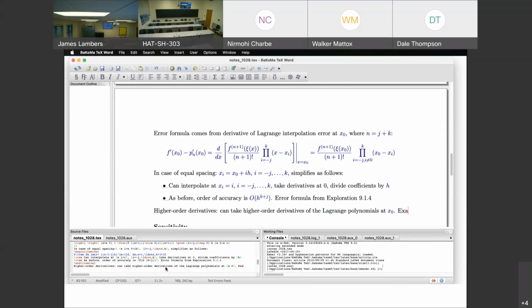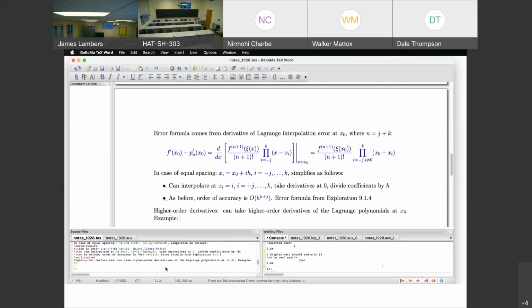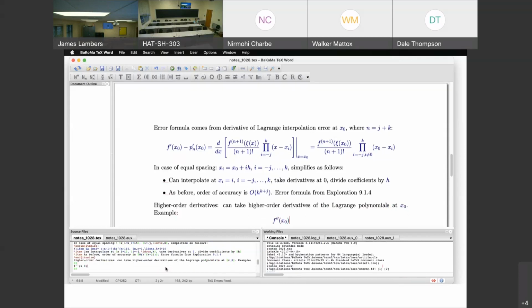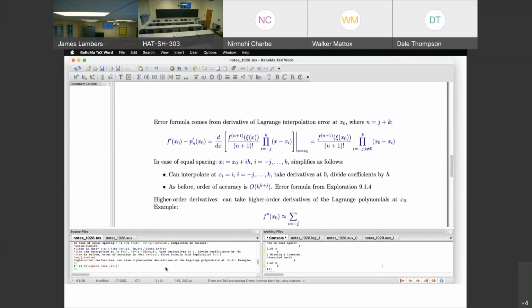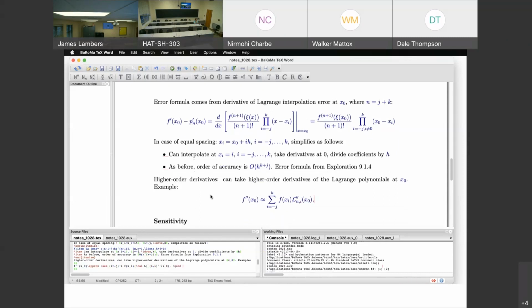So, as an example, f double prime x naught would be approximated by the sum of your f values times the second derivatives of Lagrange polynomials evaluated at x naught, where, as before, n is equal to j plus k.